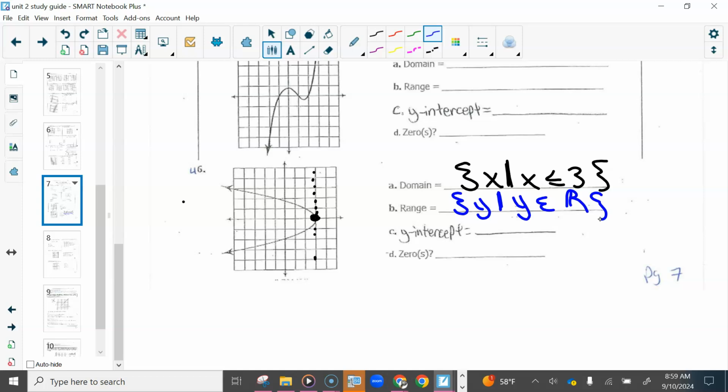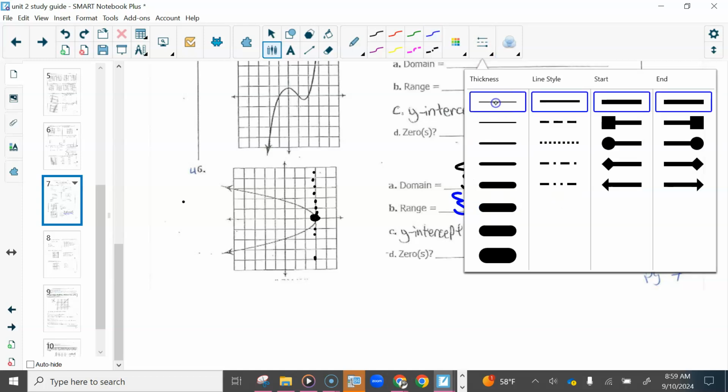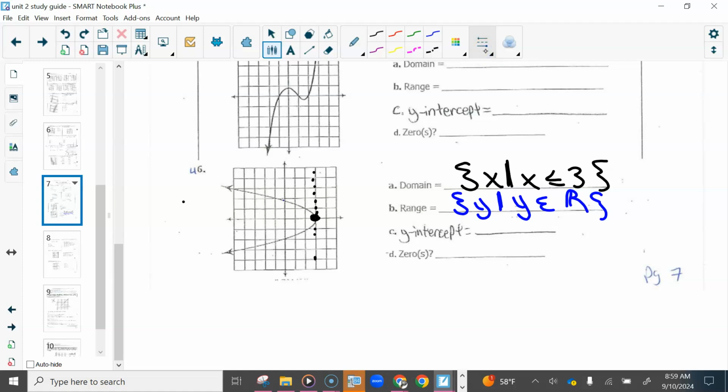The Y-intercept, there's really 2 of them, and they're both kind of decimals. So you could make up, well, one of them falls kind of on it. So I can say this one's at -2. And this one I'm going to say is at 1.8. Sure.